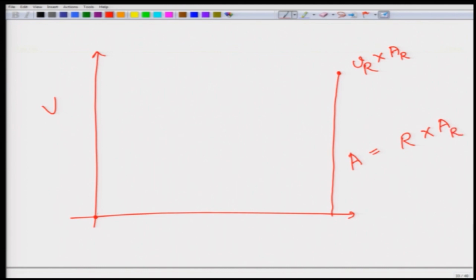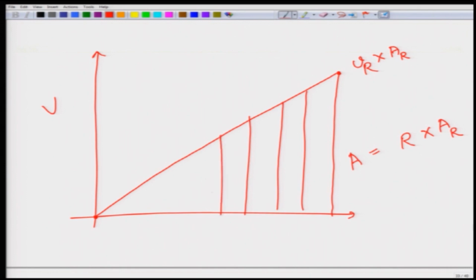Now, you can draw a straight line as an approximation and say that different sections are having these different volumes.